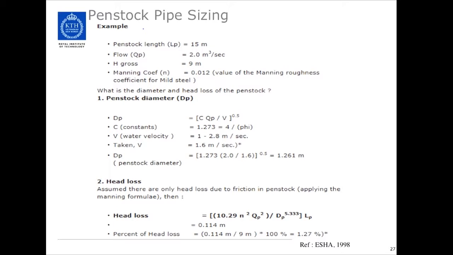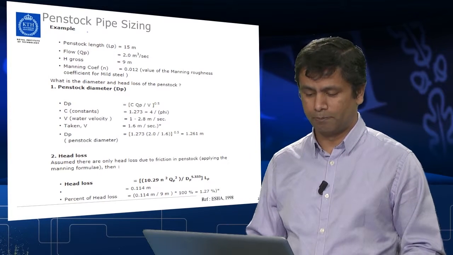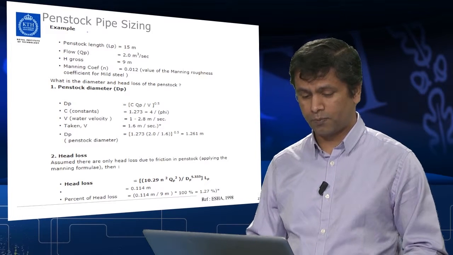Now we can determine the diameter of the penstock pipe by using the relation between area, velocity and flow.